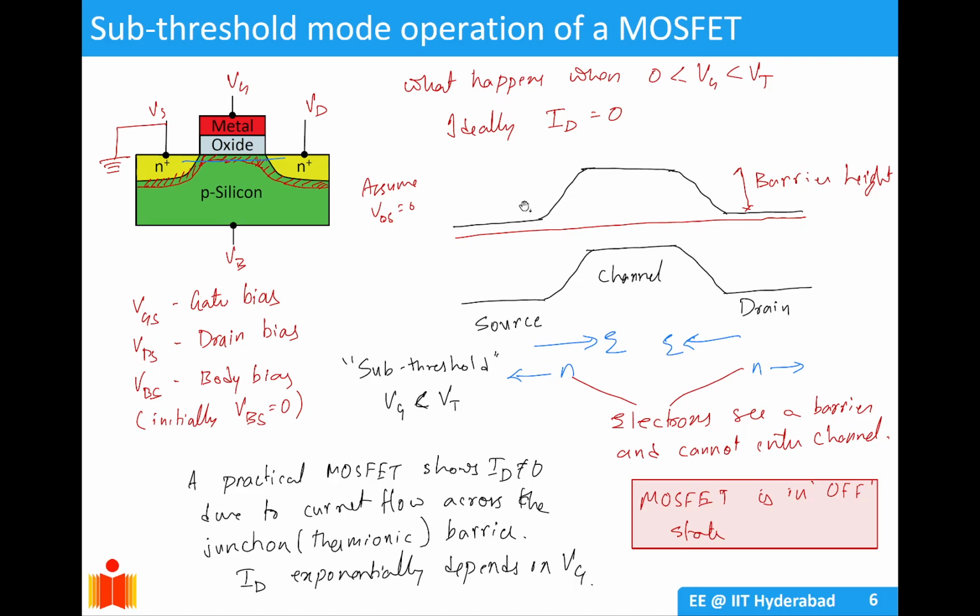Before that, due to this barrier height, ID should ideally be zero, but due to thermionic emissions and all, in practical cases, ID is not zero in the subthreshold region.